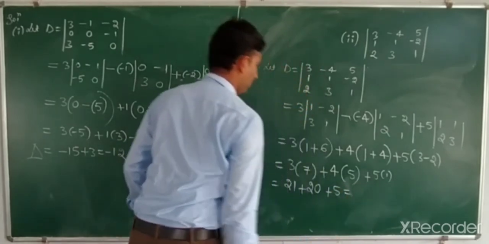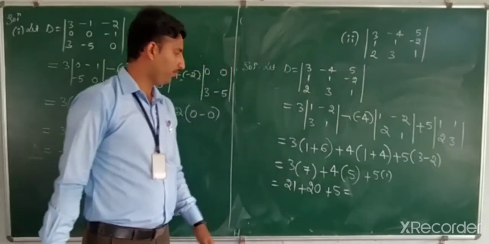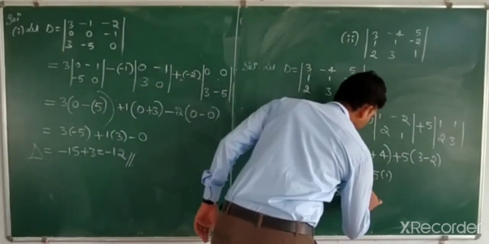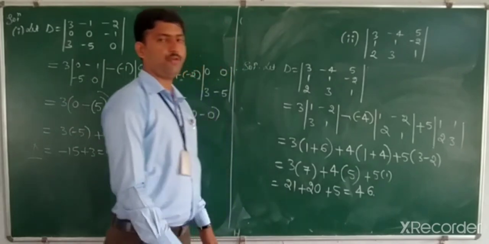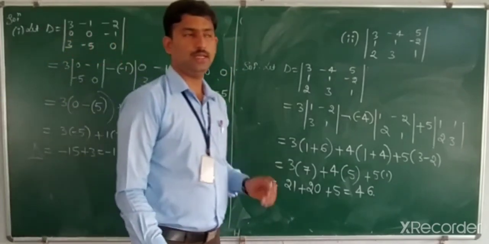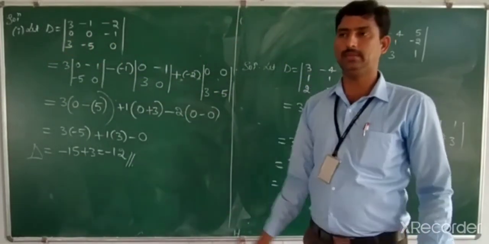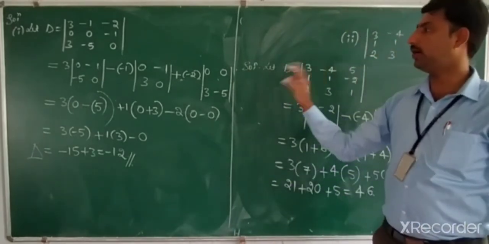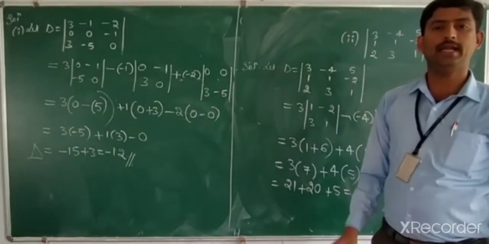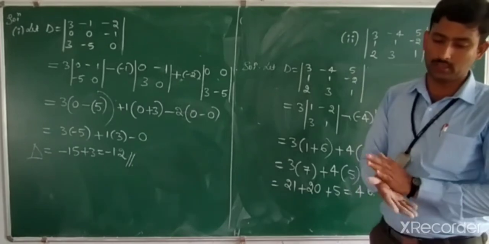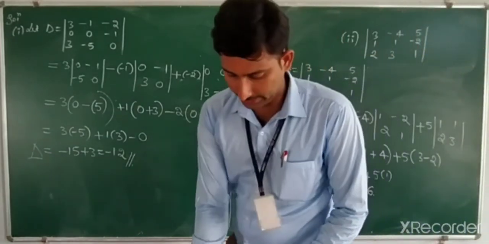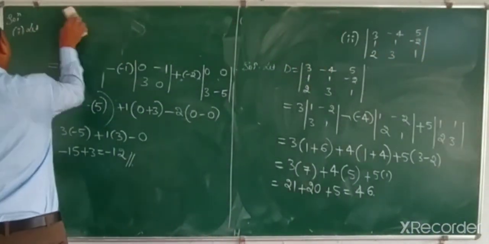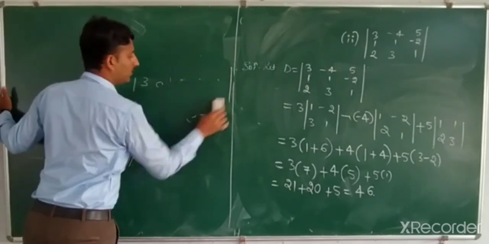What is the value? 20 21, that is 41, plus 5 becomes 46. The answer is 46, and the rest follows automatically. You have to observe both the values, analyze it once again and solve the answers. After that, I will take some examples.